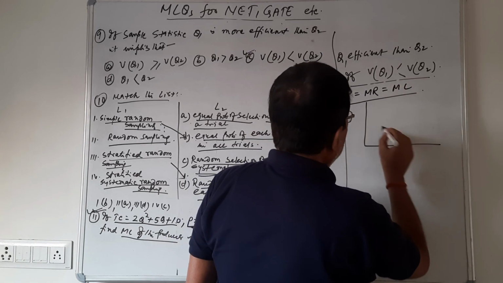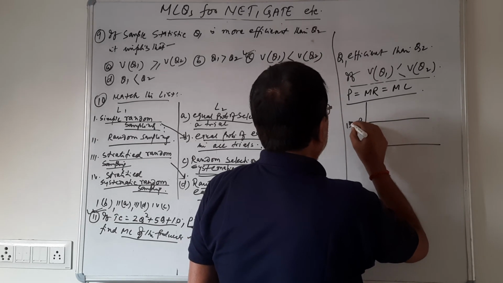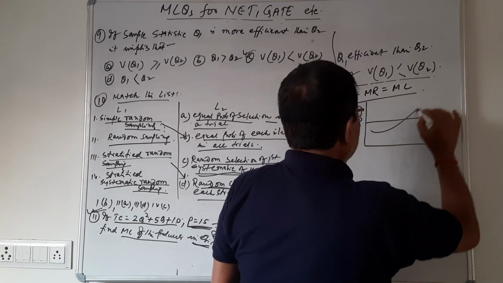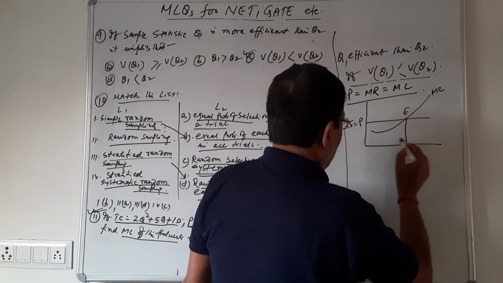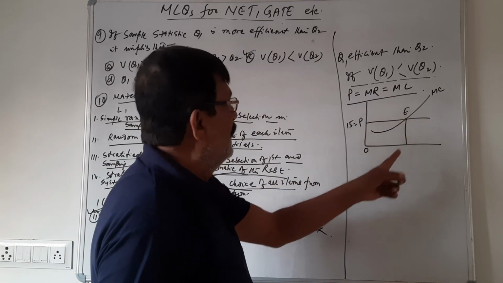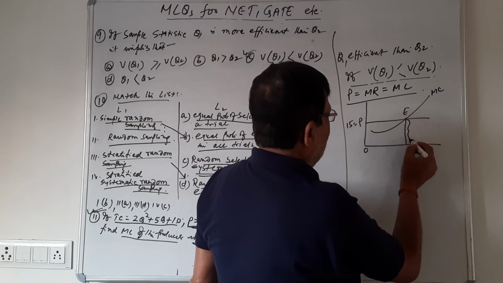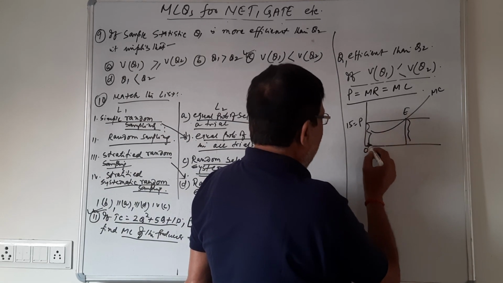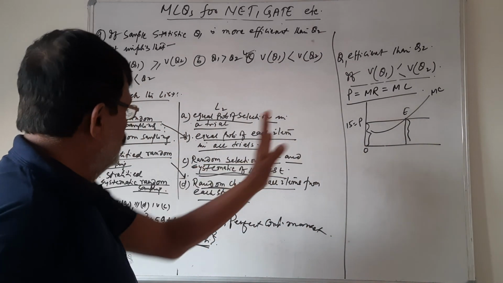If you do remember the diagram, this is 15 and this is marginal cost, it is equilibrium. Now, it has been asked that find marginal cost in equilibrium, and it appears from the diagram that in equilibrium, this marginal cost equals this price. So, marginal cost must be 15 equal to the price.